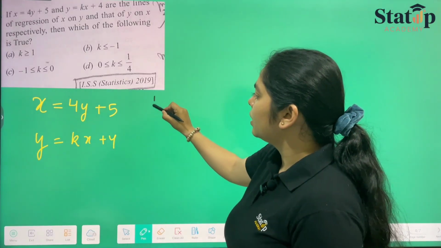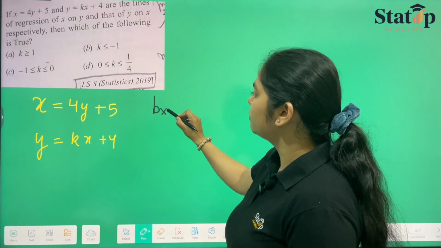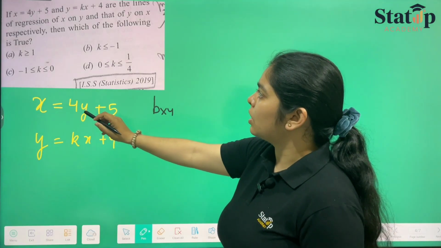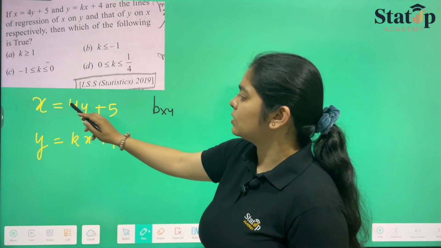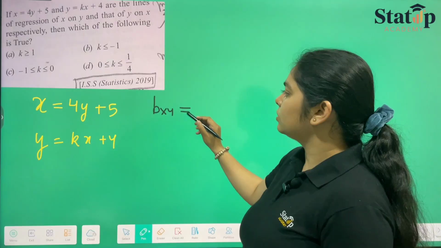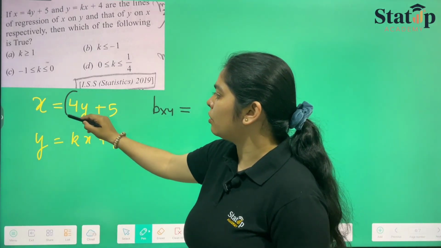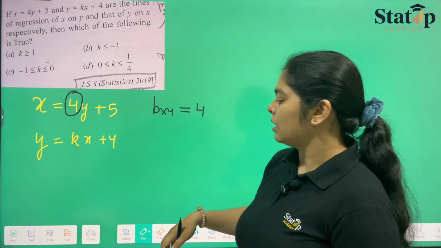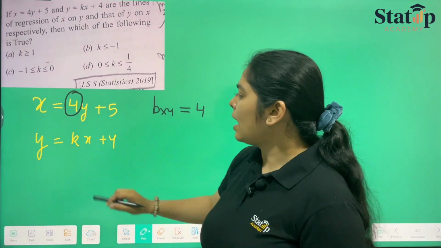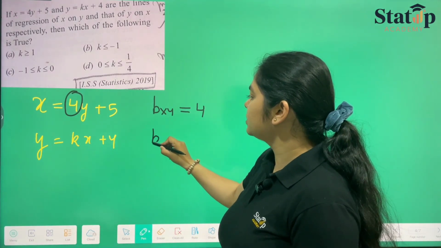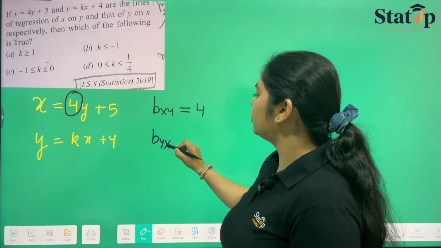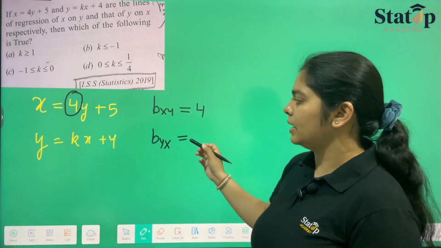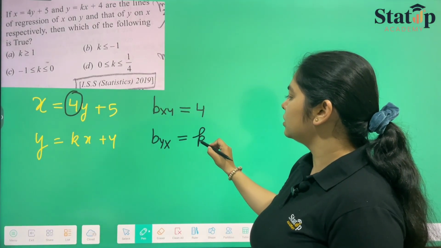So here, bxy is the regression of x on y, and the coefficient of y here is 4. So our bxy will be 4. And if we see byx, which is the regression line of y on x, the coefficient is k.